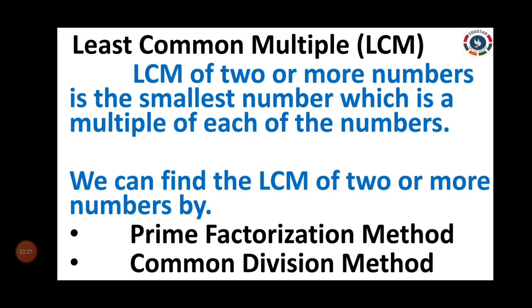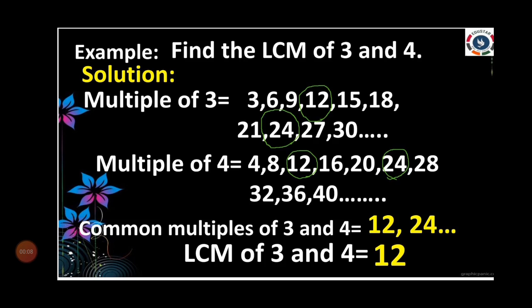The next one, least common multiple. The LCM of two or more numbers is the smallest number which is a multiple of each of your numbers. We can find the LCM of two or more numbers by the prime factorization method or the common division method. For example, find the LCM of 3 and 4.